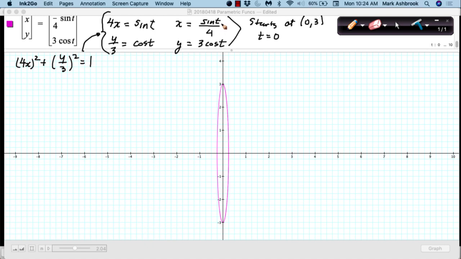Our x is going to go from 0 to 1/4, and our y is going to go from 3 to 0. So that will tell us clockwise or counterclockwise. Do you see that? As t goes from 0 to pi over 2, x goes from 0 to 1/4, y goes from 3 to 0.